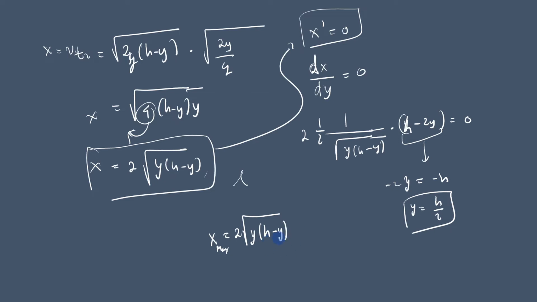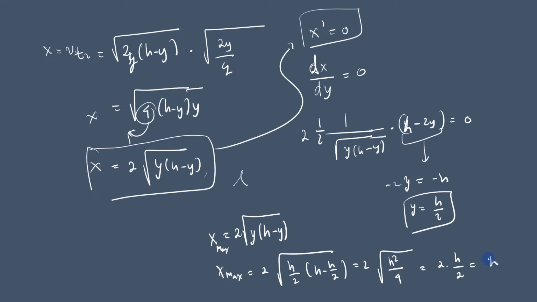Substituting y equals h divided by 2, x max equals 2 times the square root of (h divided by 2) times (h minus h divided by 2), which is h squared divided by 4, and simplifying, x max equals h.